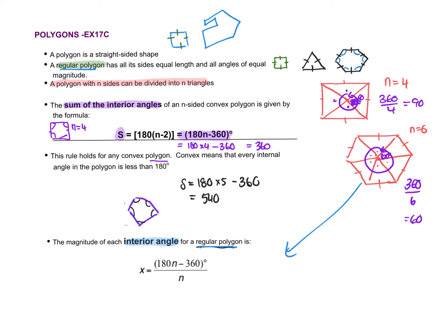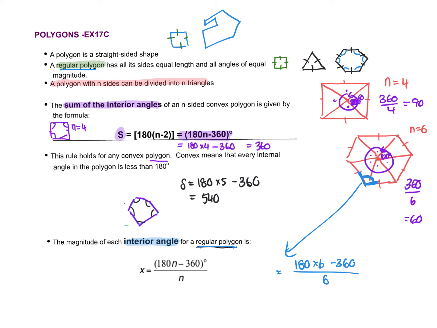If I wanted to find one interior angle, which would be here in between, what I can do is use the formula, which is 180 times 6 minus 360, divided by 6, because a hexagon has 6 sides.